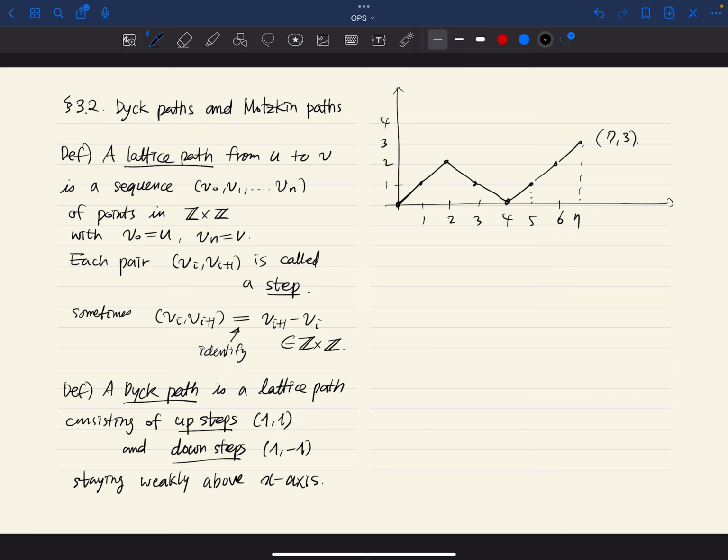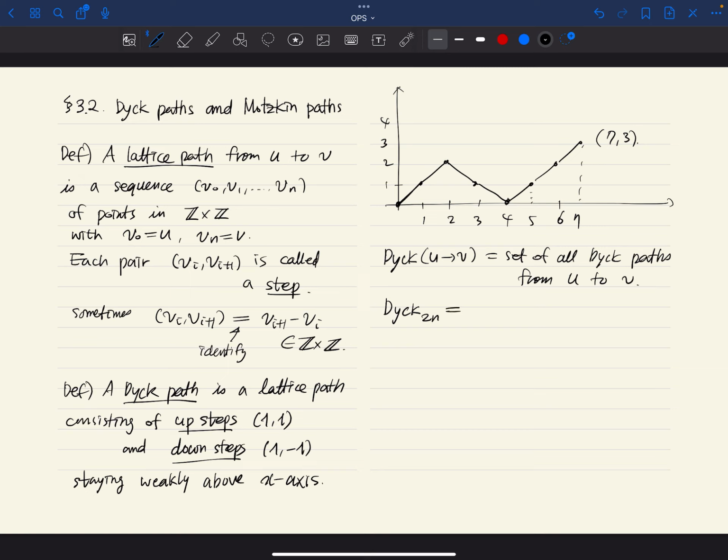And we're going to write this notation. Dyck of U to V is the set of all Dyck paths from U to V, okay? And also, because most of the time we will be interested in Dyck paths from (0, 0) to (2n, 0), I'm going to use this notation for that.